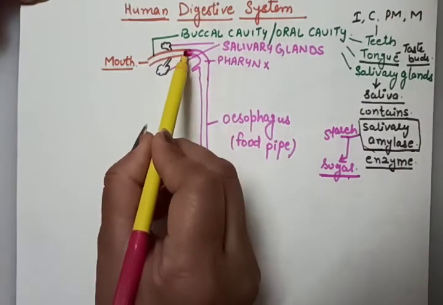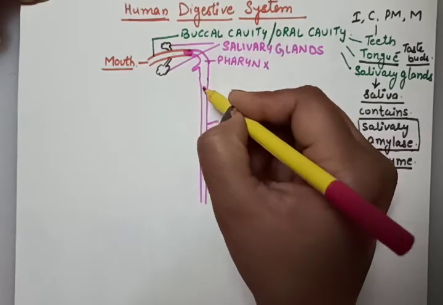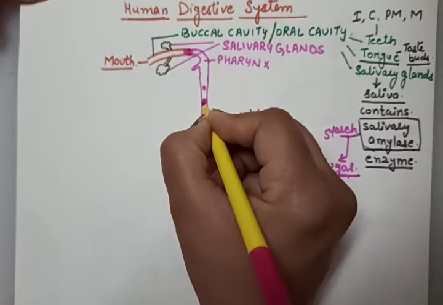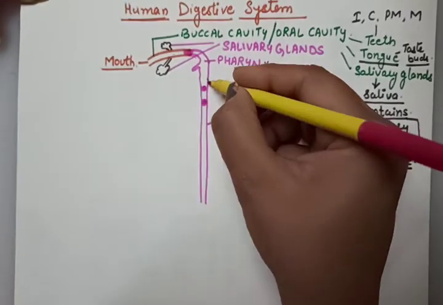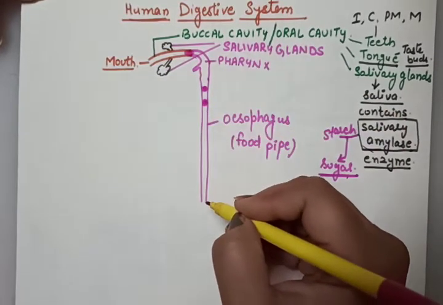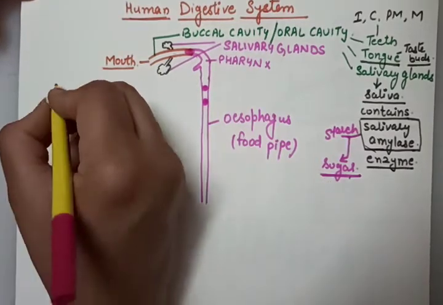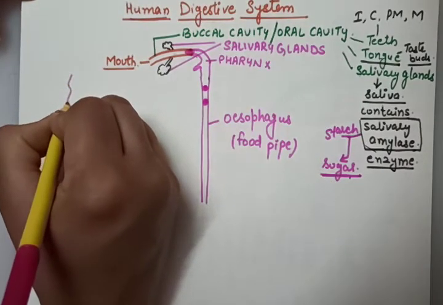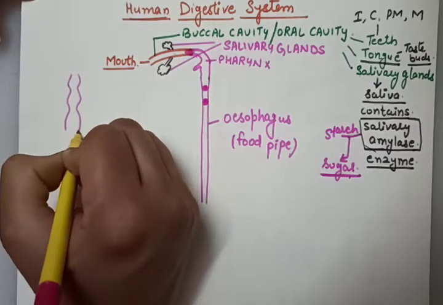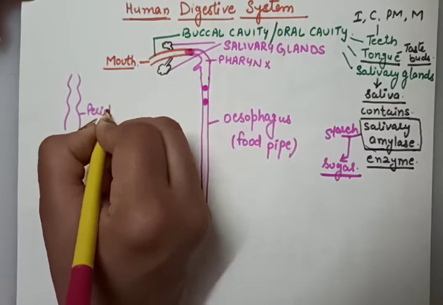It comes down through this tube. It is a muscular organ. Its wall is made up of muscles and these muscles rhythmically contract and relax. Okay, they show the movement like this, that is for pushing the food. They push the food forward and this type of movement is called peristaltic movement.